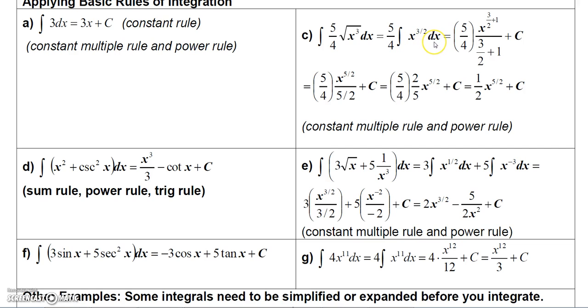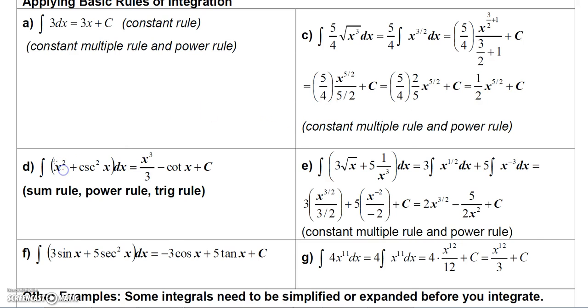We integrate x to the 3/2 using the power rule, so you get x to the 5/2 over 5/2, and you multiply that times 5/4. Dividing by 5/2 is the same as multiplying by 2/5, and when you multiply this together, you actually just get a half. So you just get 1/2 times x to the 5/2 plus a constant.